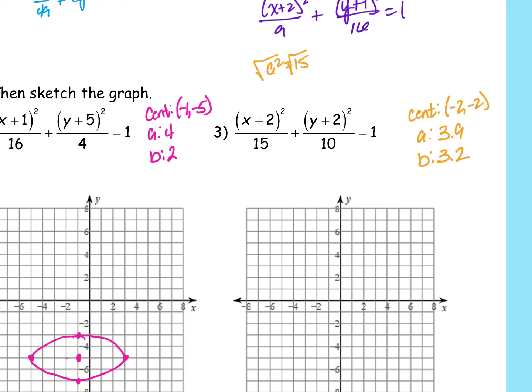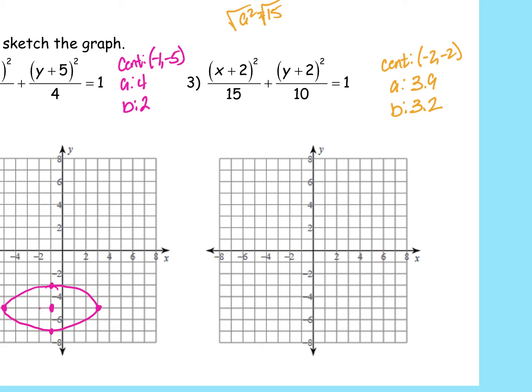Okay, so let's see. -2, -2 is here. So I'm almost going 4 over left and right: 1, 2, 3, and almost 4. And then I'm going 3 and a tad bit up: 1, 2, 3, and a little bit.